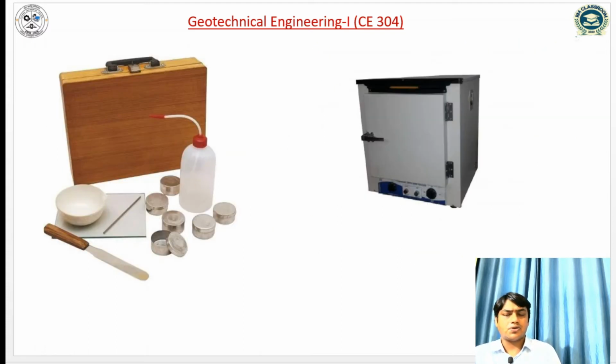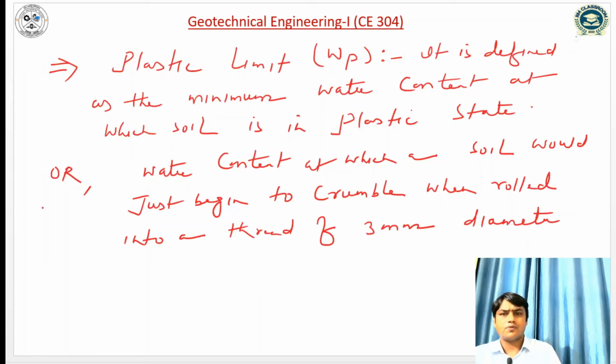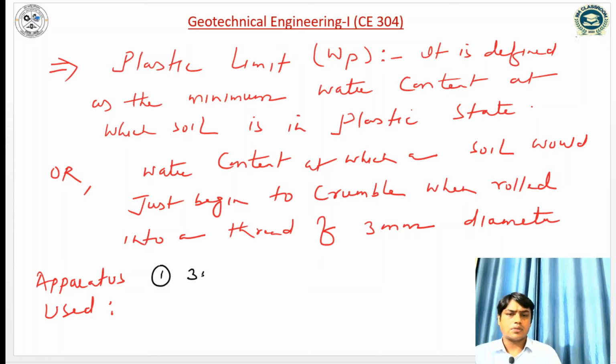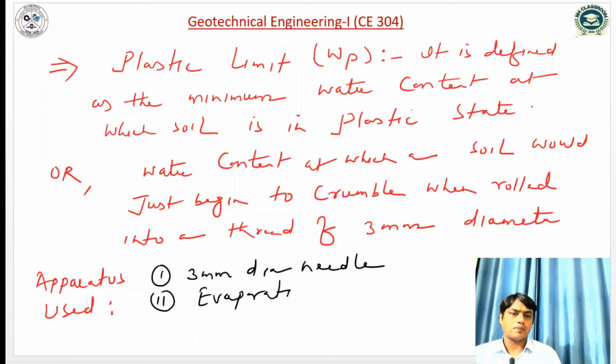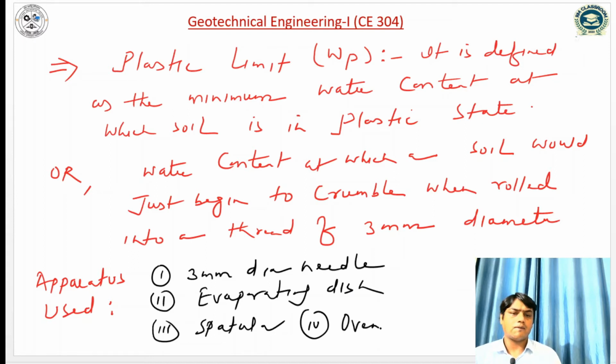So if I talk about the apparatus used for this experiment, the first one is a 3 mm diameter needle, then an evaporating dish, third one is a spatula, fourth one is an oven, and distilled water.